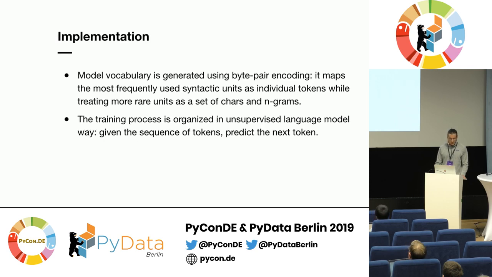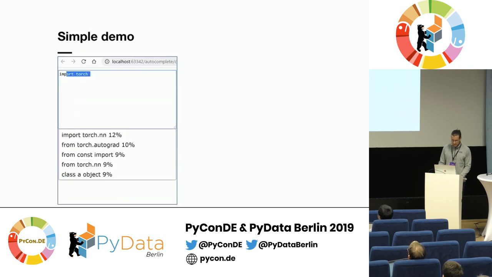And to implement this model, we generate byte pair encoding, as I mentioned before, and map it to the most frequent units, and then we trained our model using an unsupervised approach, where we have a few tokens, and we predict the next one.